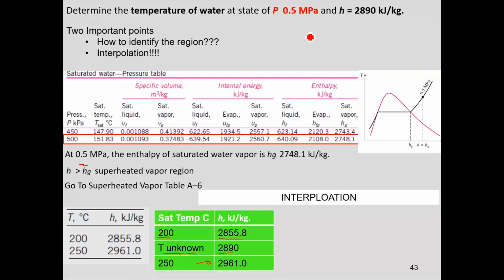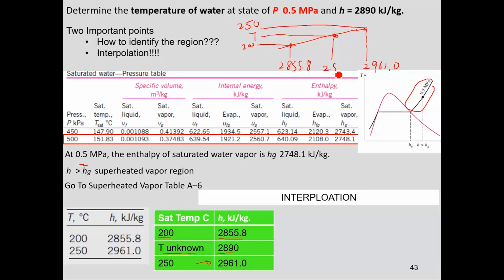All right. Now, linear interpolation means that, if I take this region of the line, I know that for 200 degrees centigrade, my enthalpy value is 2855.8. And I know for 250 degrees centigrade, my enthalpy value is 2961.0. There is some temperature value T for which the enthalpy is 2890.